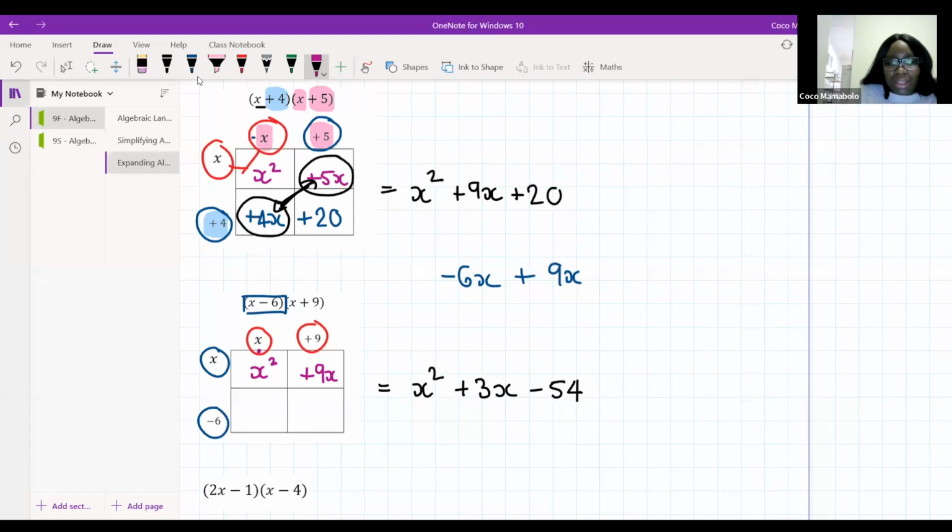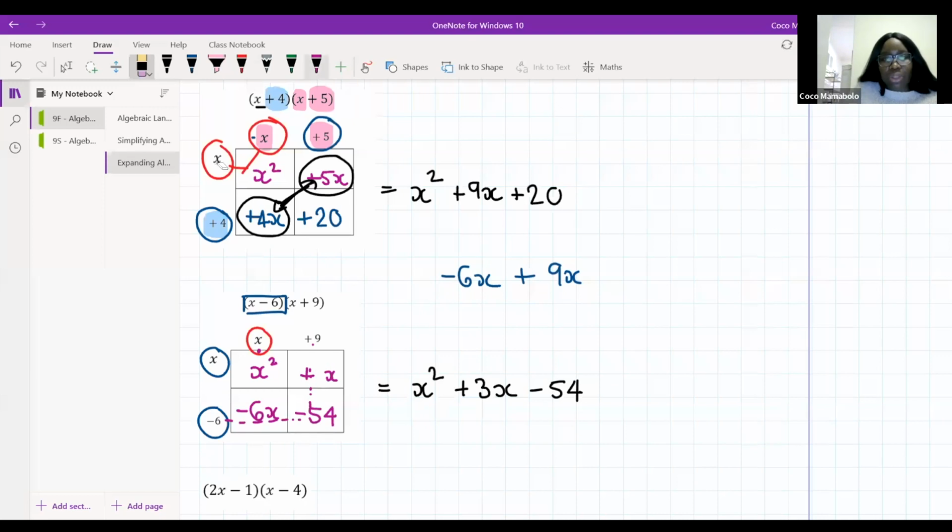Then I'm going to track this x all the way past x squared into this block. Then I've got x times negative 6 will give me negative 6x. And then I'm going to track positive 9 past that into this block where it's going to meet with negative 6. Positive 9 times negative 6 will give us negative 54. Right.